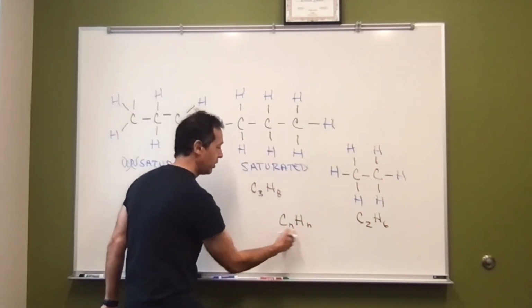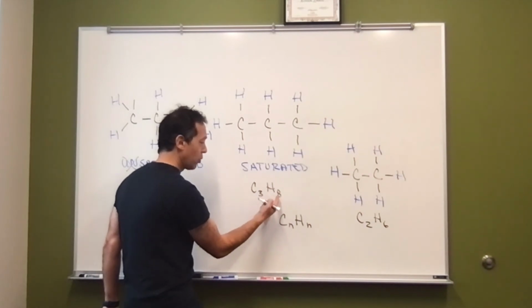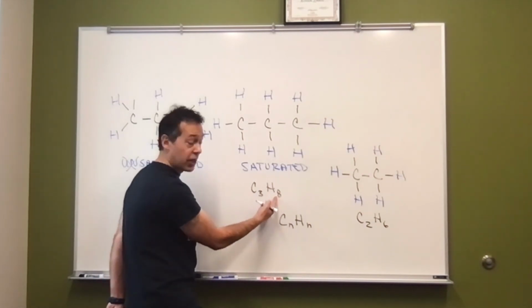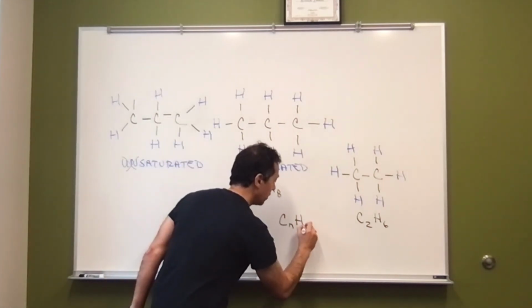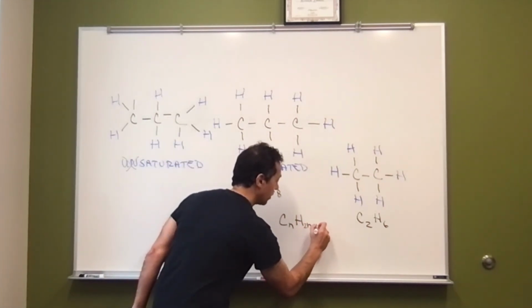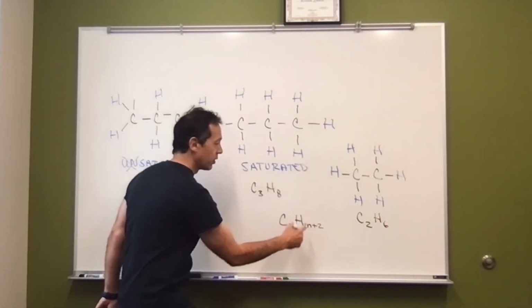N would be the same for each of these, but we notice here that there's twice as many hydrogens as carbons plus 2 more. So I'm going to go 2n plus 2. Let's just see if that carries over here.